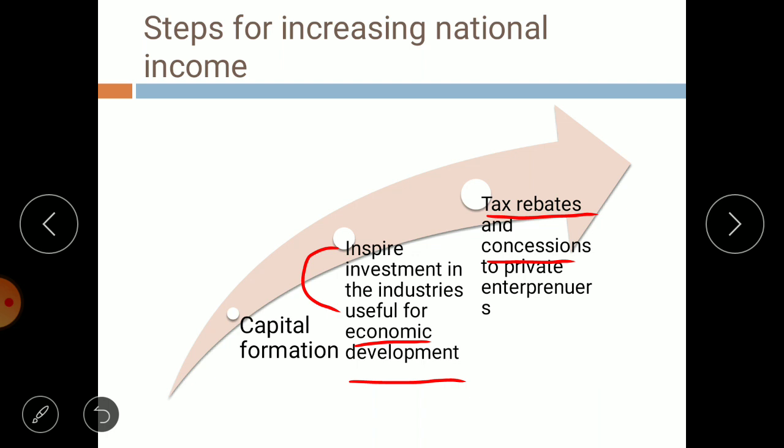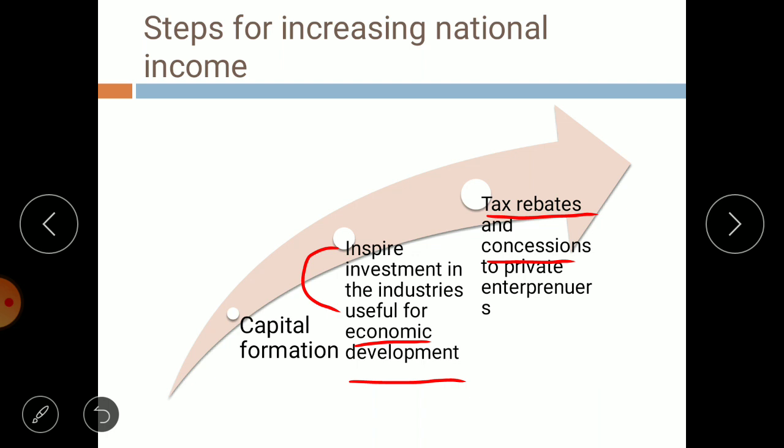So this is a chain. When one person's income is increasing, it will increase the income of other people as well. So by giving tax rebates, we are creating so many businessmen in the economy whose income is increasing, and in an indirect way they are helping in increasing the income of other people as well. So when everyone's income is increasing, we can say that national income is increasing.